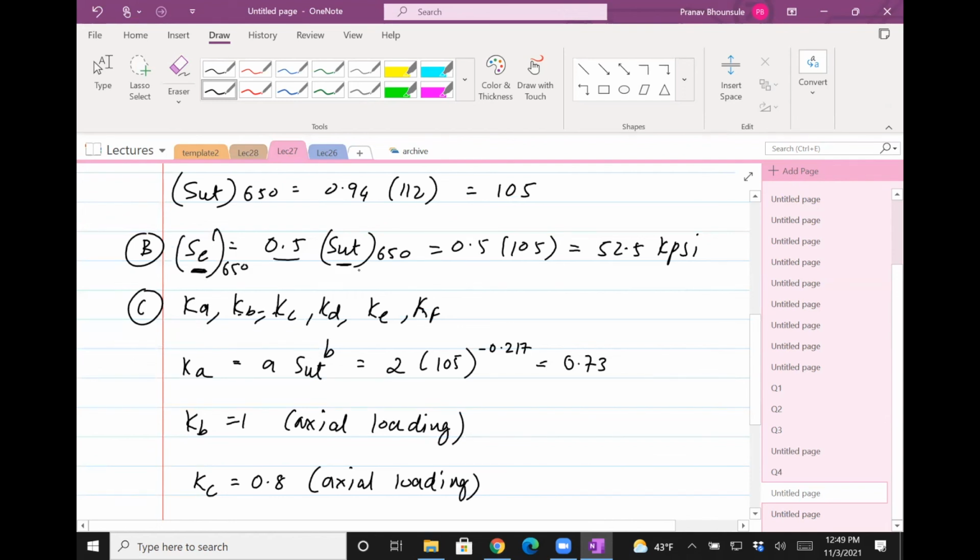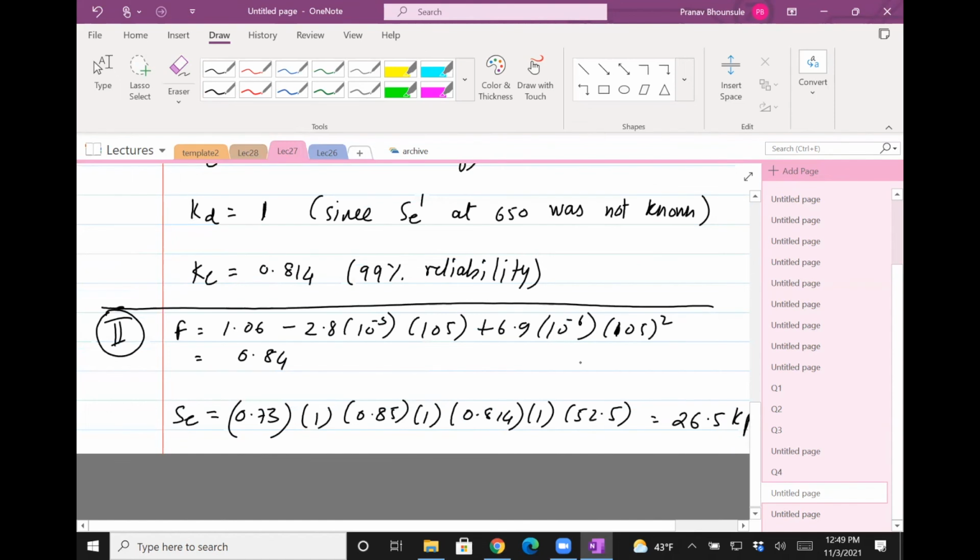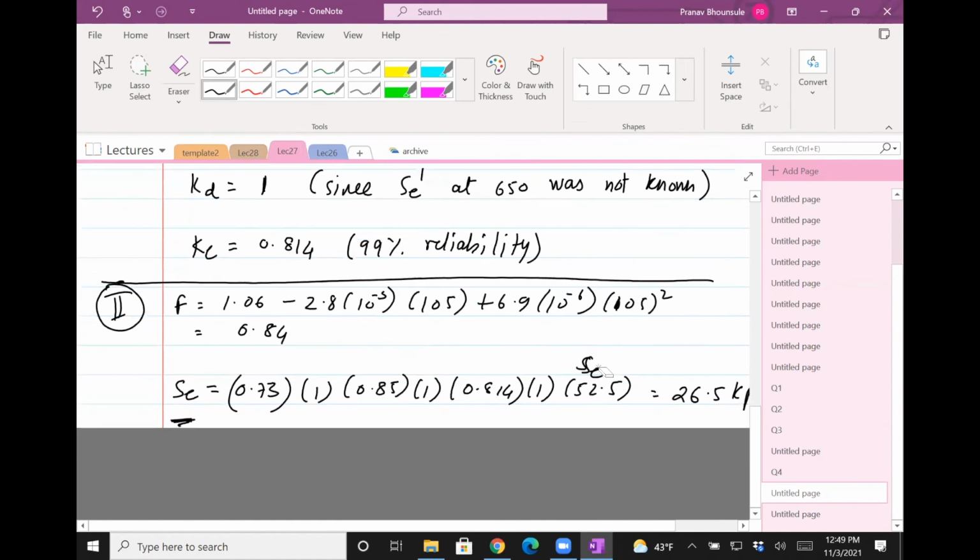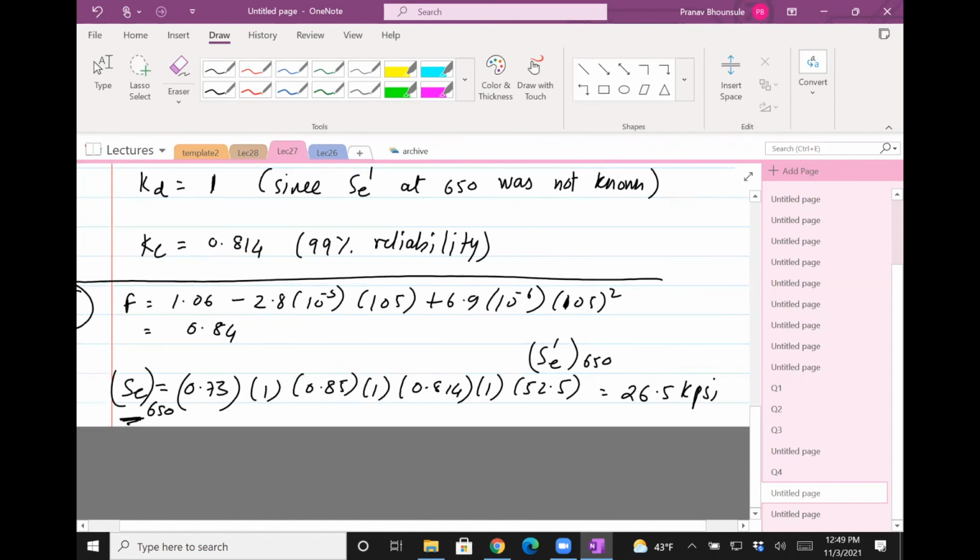So SC, wait, is that the one? Okay, my bad. This is the SC we want. This was SC prime at 650, and this is SC at 650. This is the endurance limit after accounting for the factors. So the answer is 26.5.